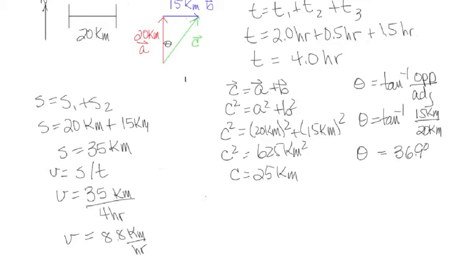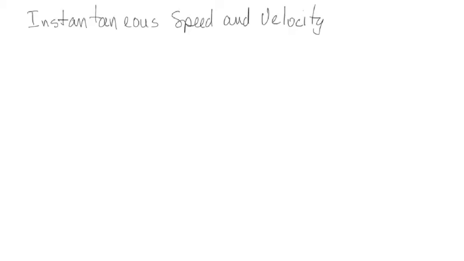This means our resultant vector C is 25 kilometers in magnitude at 36.9 degrees. Now this is straightforward and simple because north is 0, east is 90, and this is the true reading.